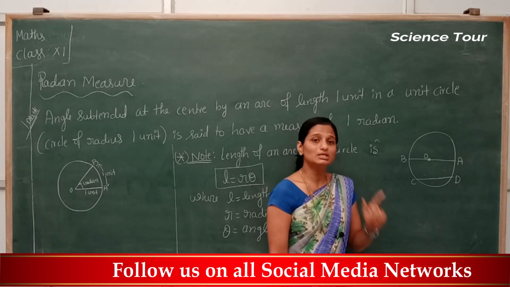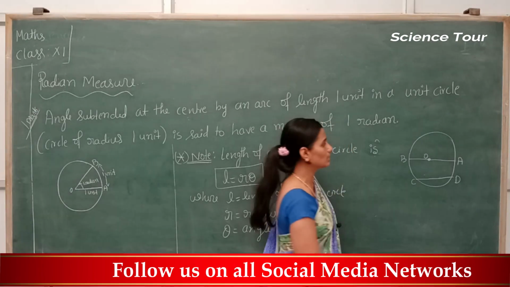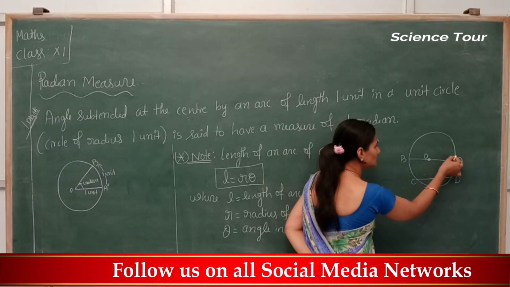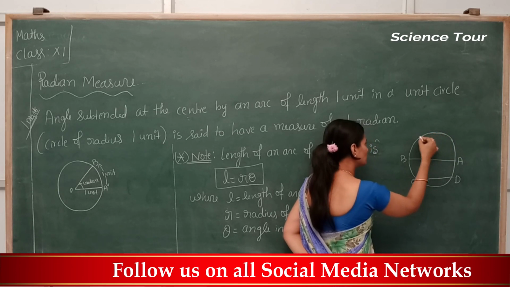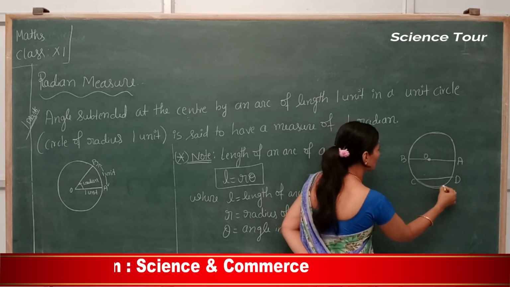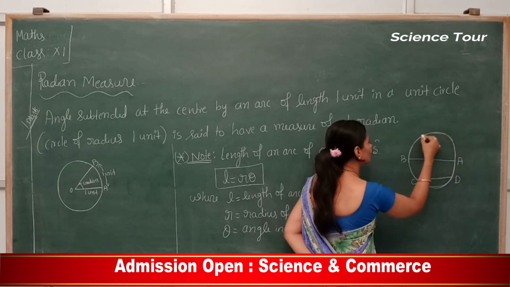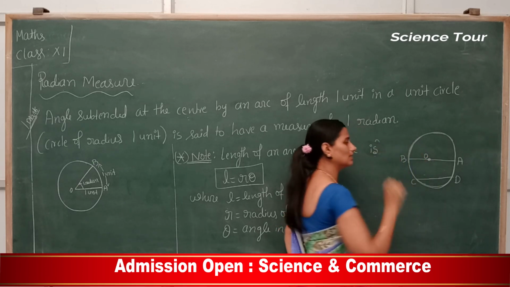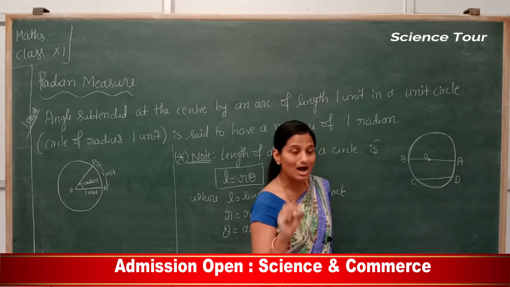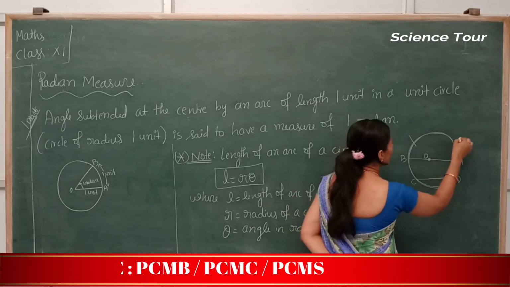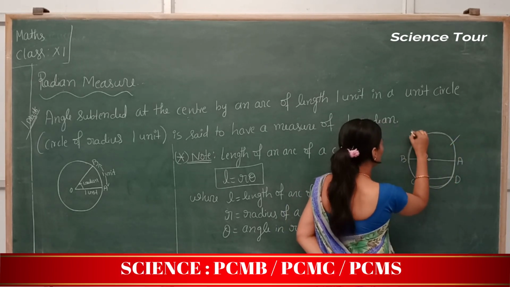Now next, what is the circumference of a circle? The circumference of a circle is this one. Correct? So this is the circumference of the circle. Now next, what is an arc of a circle? The arc of a circle is EF.